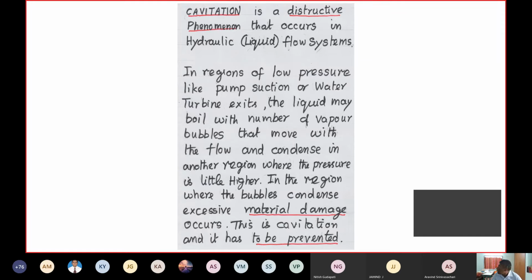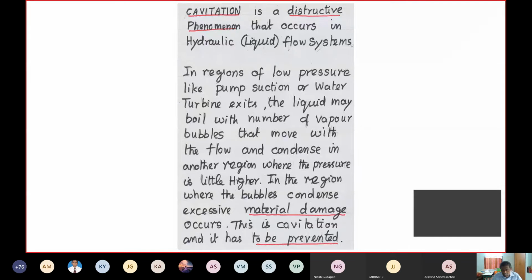What happens is, in regions of low pressure like pump suction or water turbine exits, the liquid may boil with a number of vapor bubbles that move with the flow and condense in another region where the pressure is a little higher.